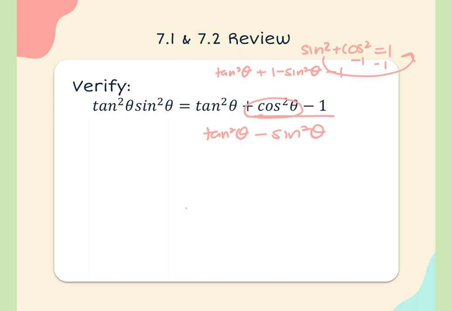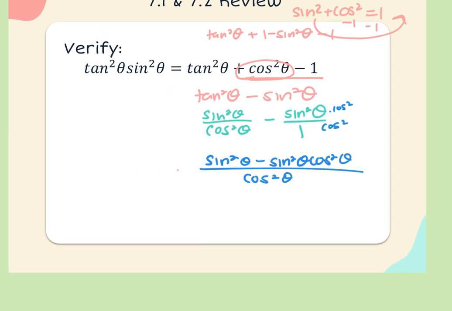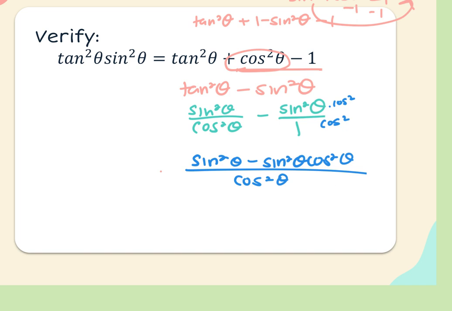Now on the left-hand side is a product, on the right-hand side is a difference. So I would make this sine squared over cosine squared minus sine squared. And then in order to get them to one fraction, I'd have to multiply both the top and the bottom by cosine squared. I'd get sine squared minus sine squared cosine squared over cosine squared. I can take out the sine squared, so factoring again here, 1 minus cosine squared.